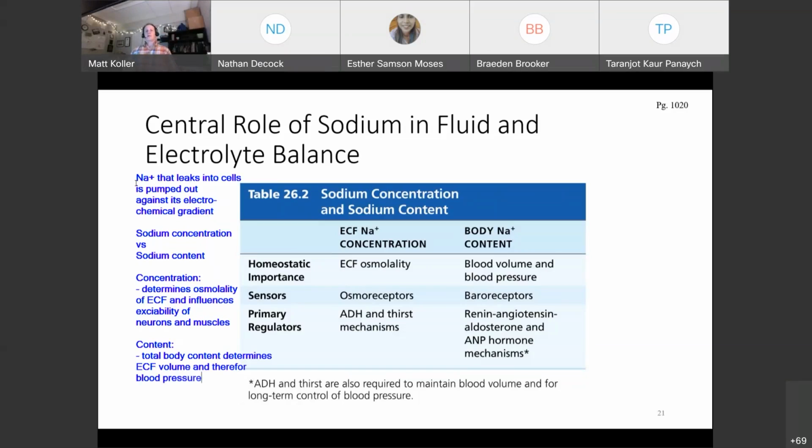So if we have more sodium in our body, we retain more fluids, your blood volume goes up, your blood pressure goes up. If we get rid of sodium within the body, then we get rid of fluids and our blood pressure comes down and our blood volume comes down.